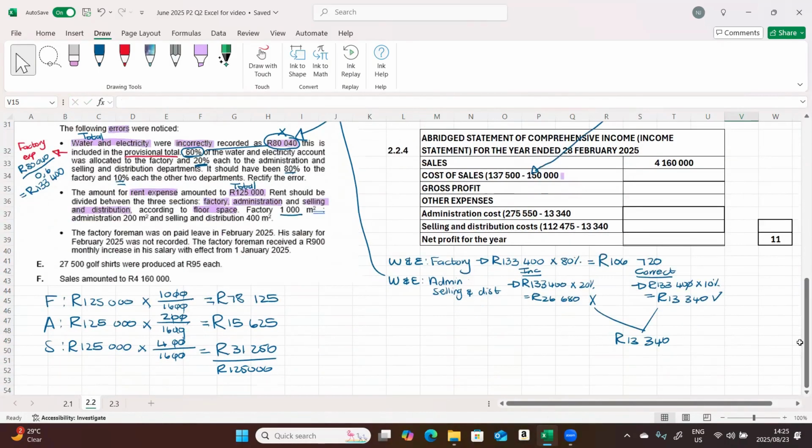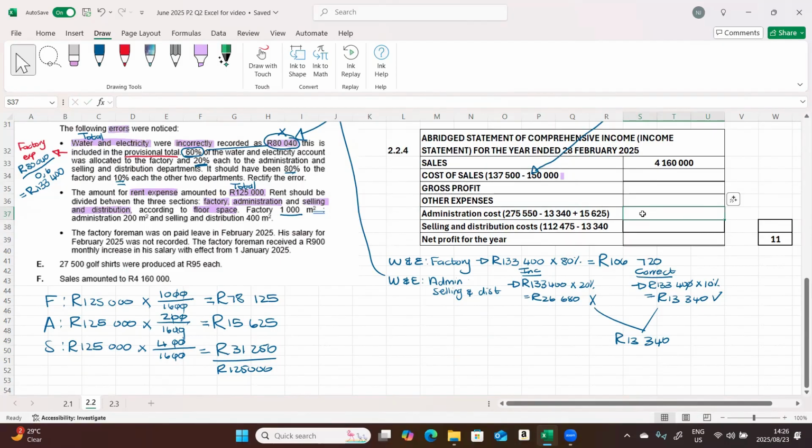Then we're not done. We have to do the admin. The admin is 15,625. We have to add that to our administration costs. So to this calculation here, we know administration costs is in our income statement under other expenses. So we have to add the 15,625 to our admin cost. We can close our bracket and we can total that up.